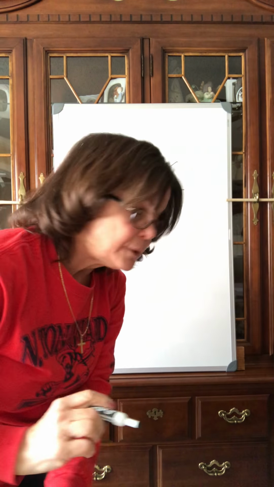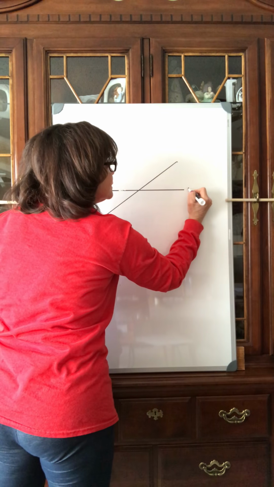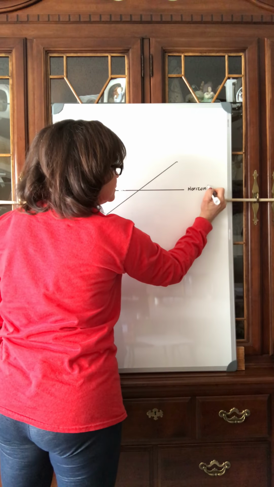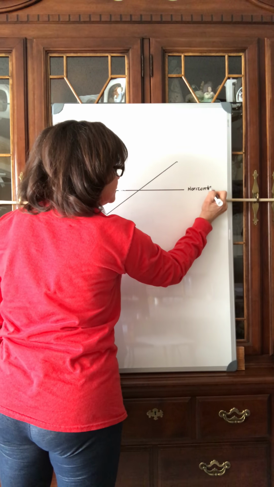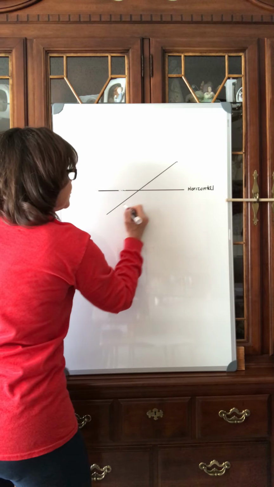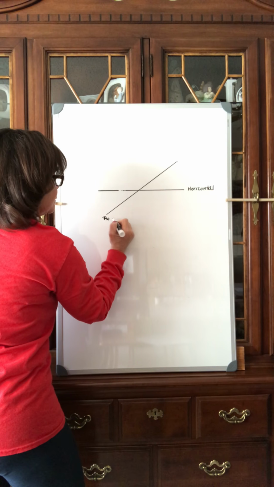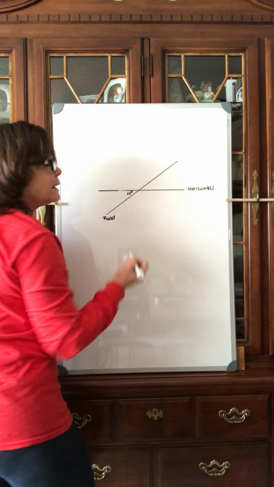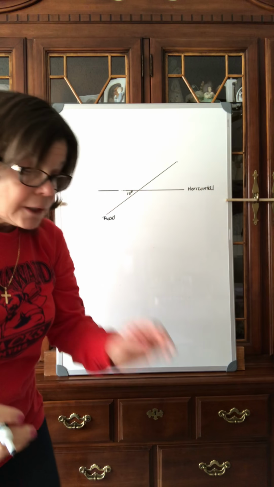All right, so this line is our horizontal. This is our road. The road slopes at a 10-degree angle with the horizontal.